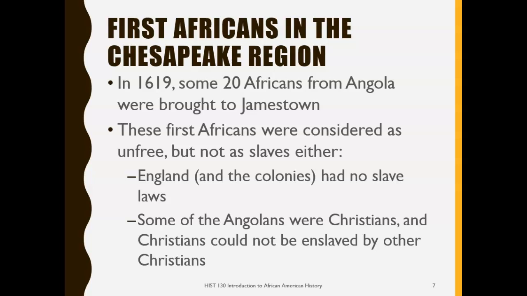And there was a well-respected tradition among Christians, and the English were Christians. So according to this tradition, a Christian person should not enslave another Christian. So the first Africans, some of them should not have been slaves at all.